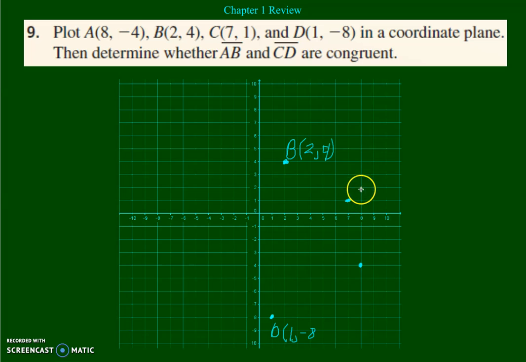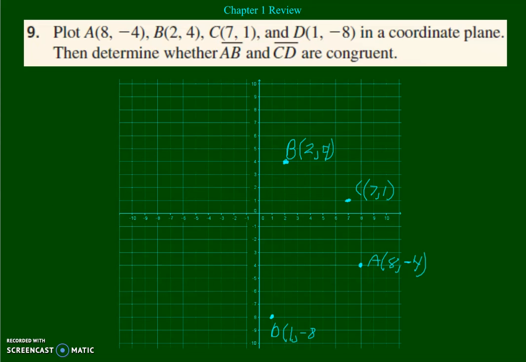We have (7, 1), which is C. And point A, which is (8, -4). Okay, now we're looking for AB.